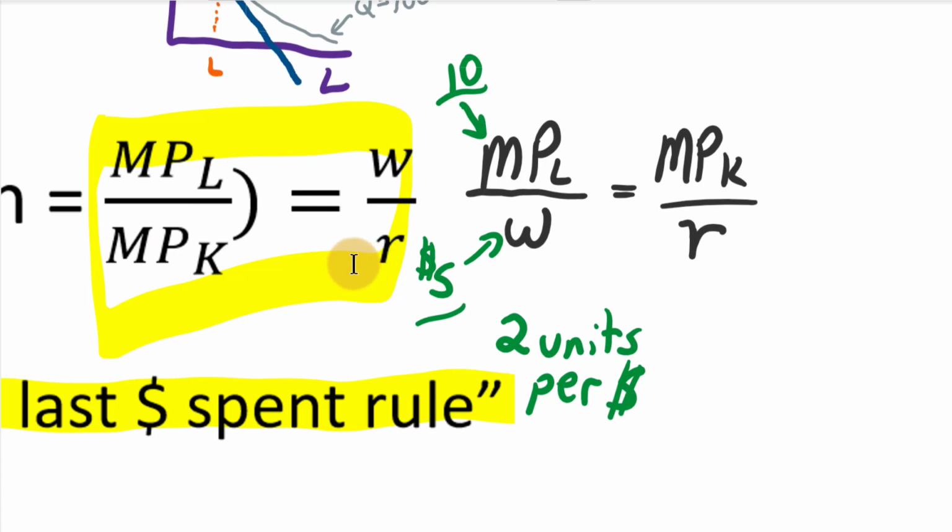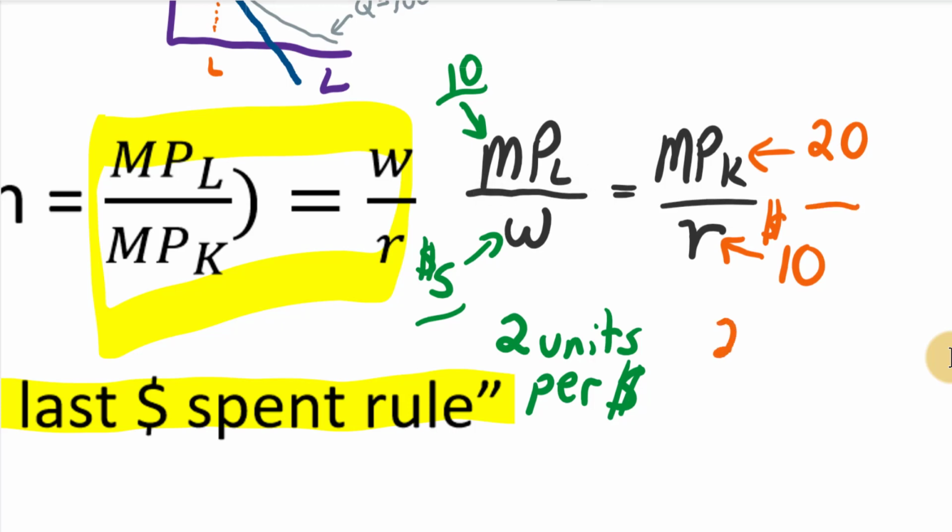So if machines cost us $10 per unit, if we are really optimizing, if we're really minimizing costs, then we had better be getting how many units of output out of the last machine that we got? Well, this ratio has also got to give us 2 units per dollar. So we'd better be getting 20 units of output, since 20 divided by 10 would also mean that we're getting 2 units of output per dollar spent.